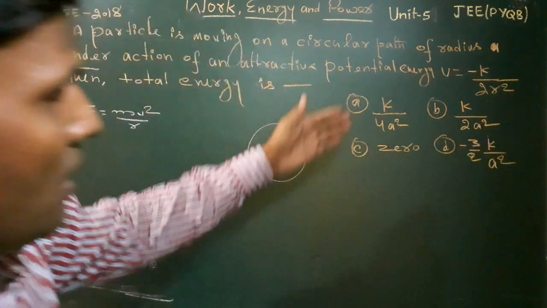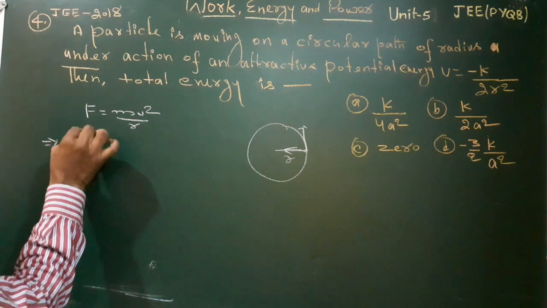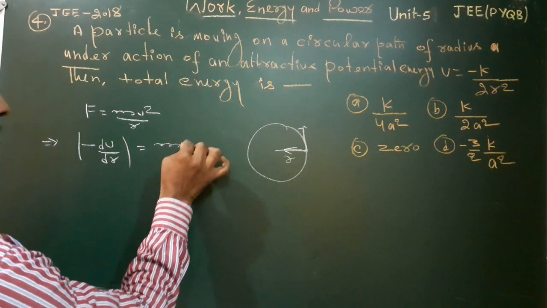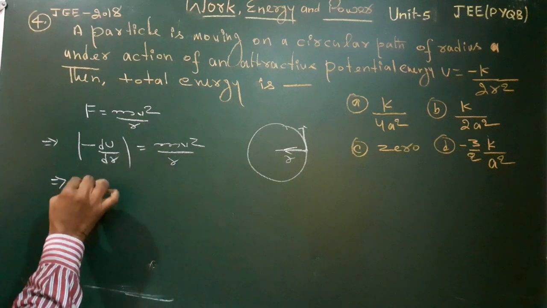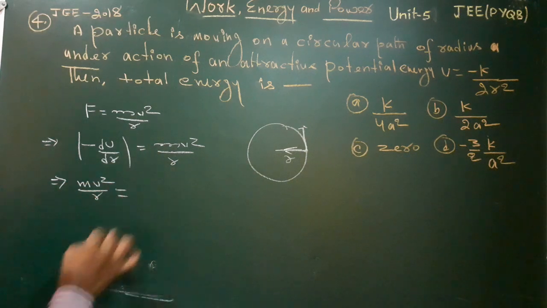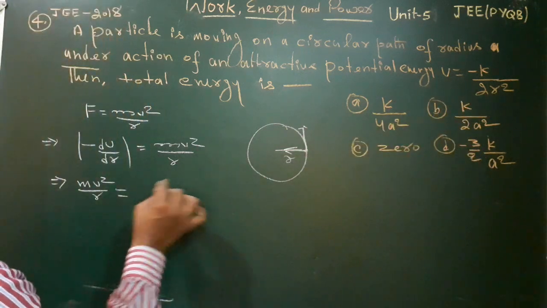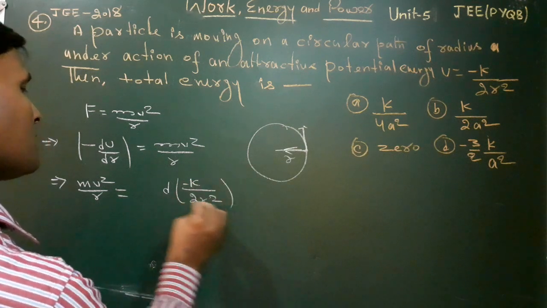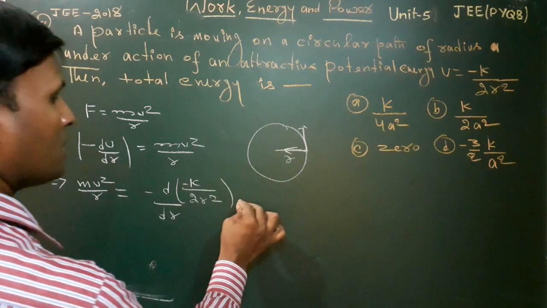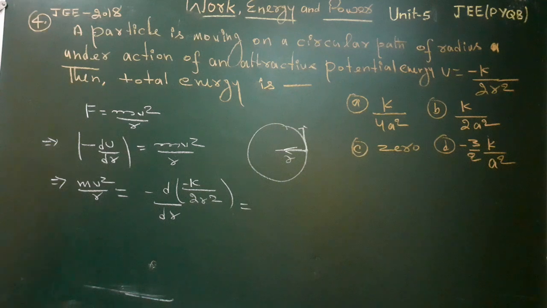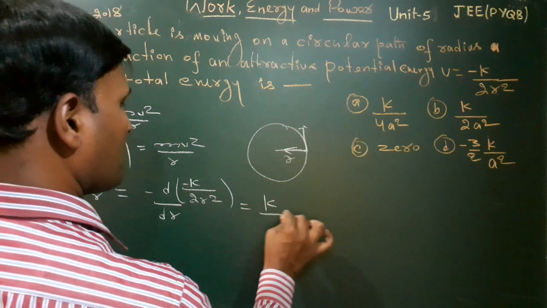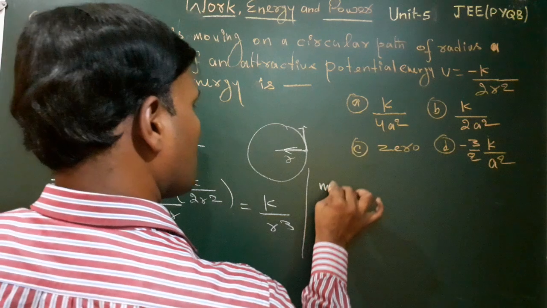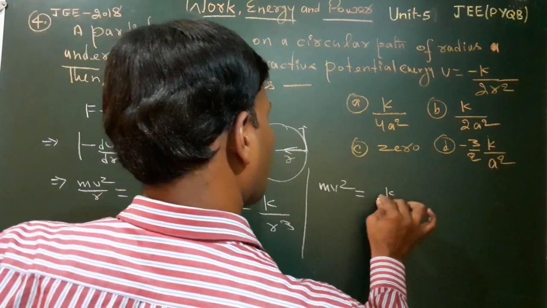So F is equal to minus du by dr, so mv square by r equals that. We differentiate this one, where U is given as minus k by 2r square. The differentiation gives k by r cube. So mv square by r is equal to k by r cube, so mv square is equal to k by r square.